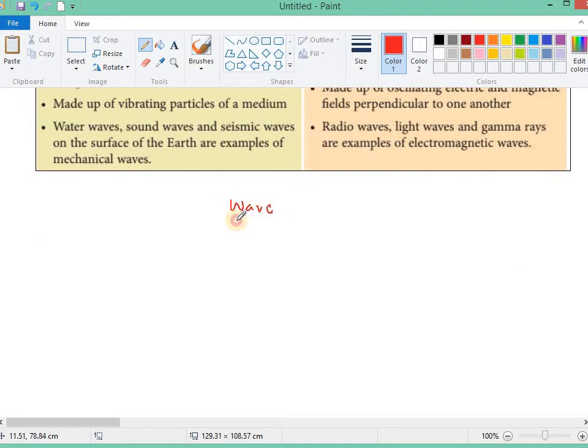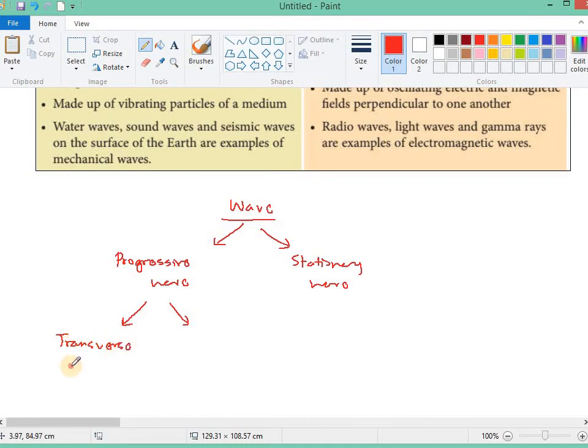Wave can be grouped into two: progressive and stationary. And then progressive wave can be grouped into two: transverse and longitudinal. Okay, transverse wave and longitudinal wave.